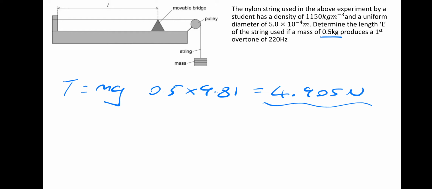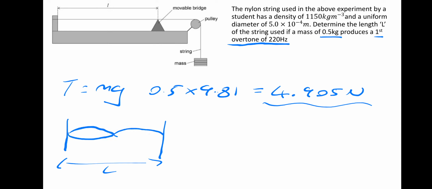The next thing we need to think about is the first overtone of 220 Hertz. Now the equation, the frequency is 1 over 2L square root T over mu, is for the fundamental frequency. So if I sketch this diagram, for whatever length this is, the first overtone is the second harmonic, which looks like this.